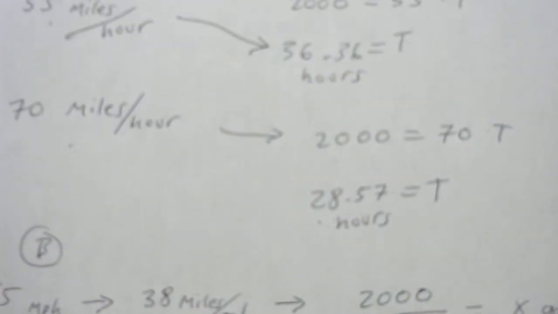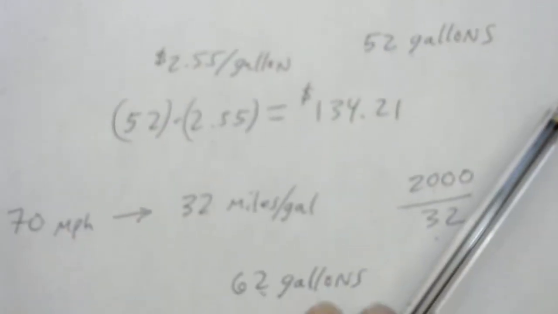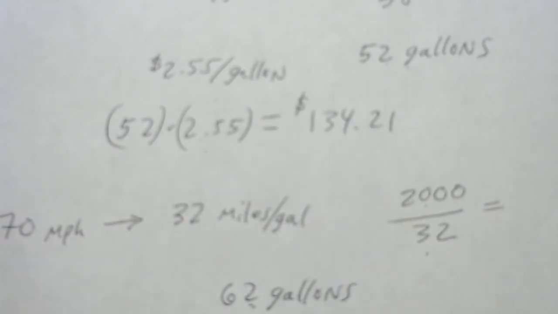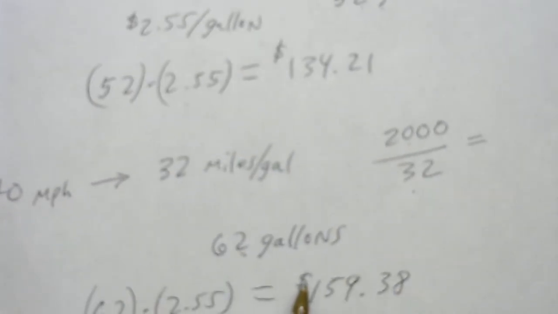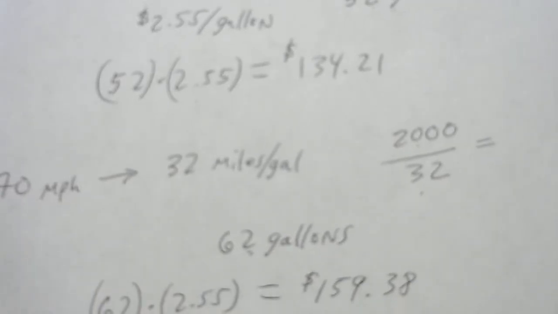So there you go. We see part A, the comparison of how many hours, and then part B, the comparison of how many gallons, and therefore how much it would cost. So these are some of the good things that you can do to plan out your road trip. Calculate the miles.